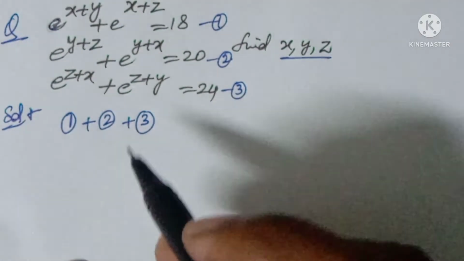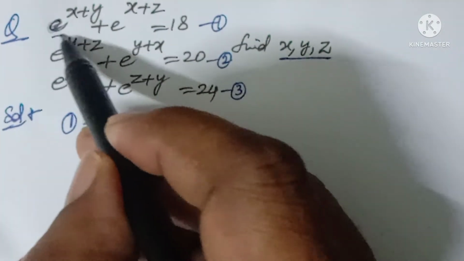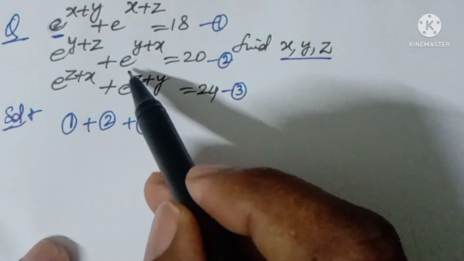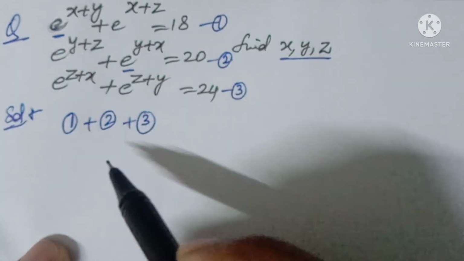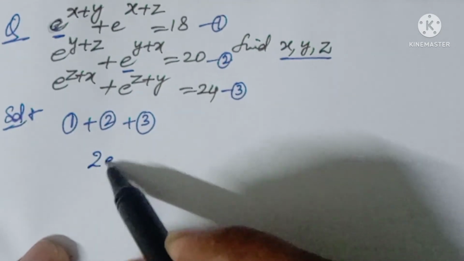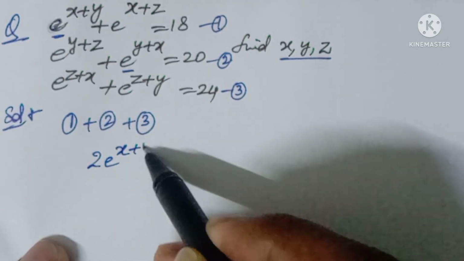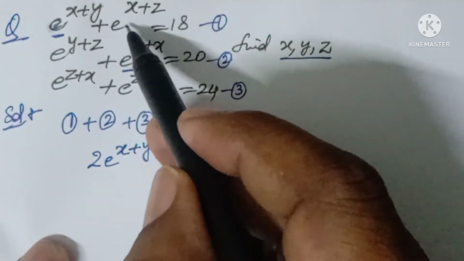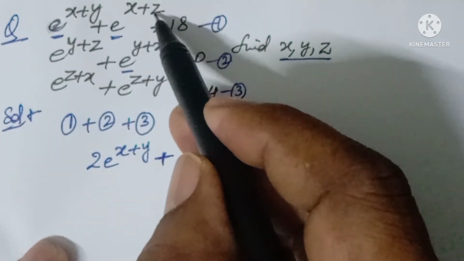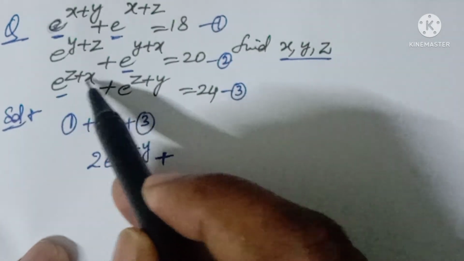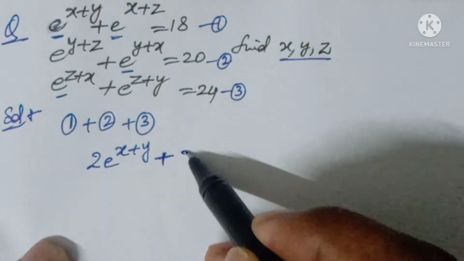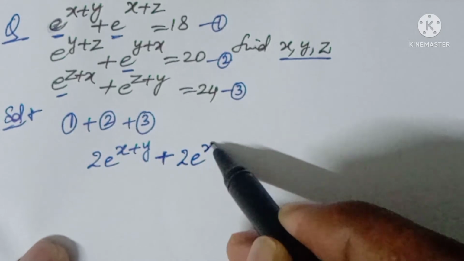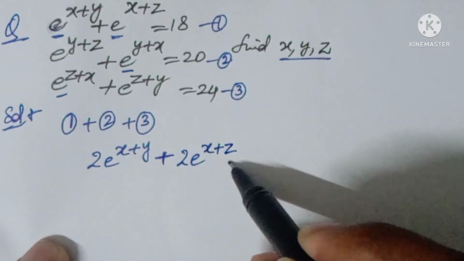Adding this, e to the power of x plus y, we are getting 2 times e to the power of x plus y, plus 2 times e to the power of x plus z.